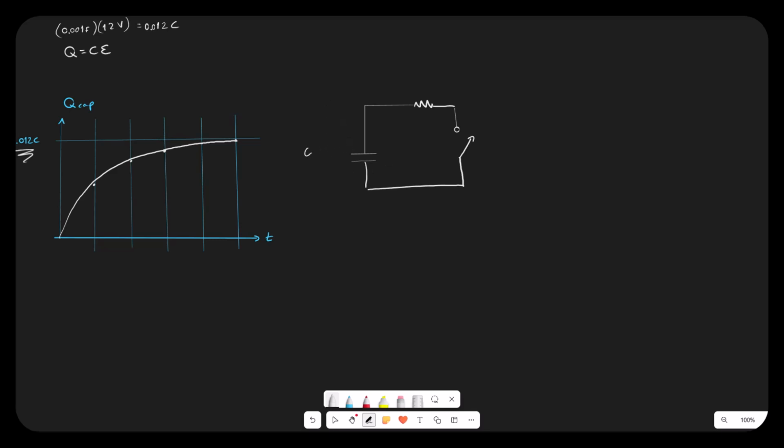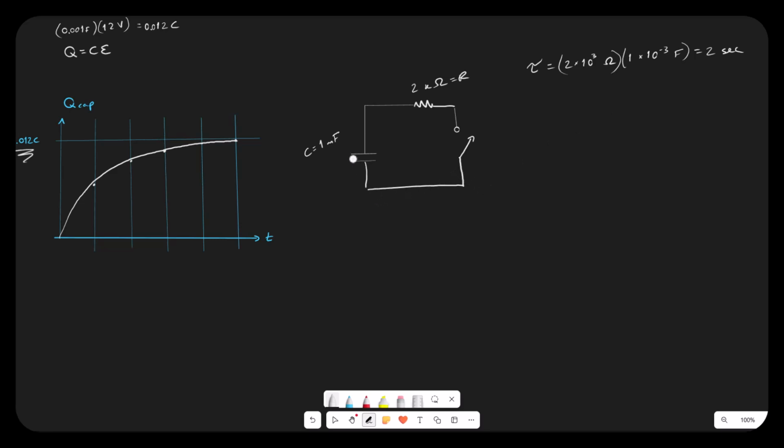Let's keep this capacitance the same. It's the same capacitor, so 1 millifarad. And let's make this thing now 2 kiloohms. So now my time constant is 2 times 10 to the third ohms multiplied by 1 times 10 to the minus third farads equals 2 seconds.